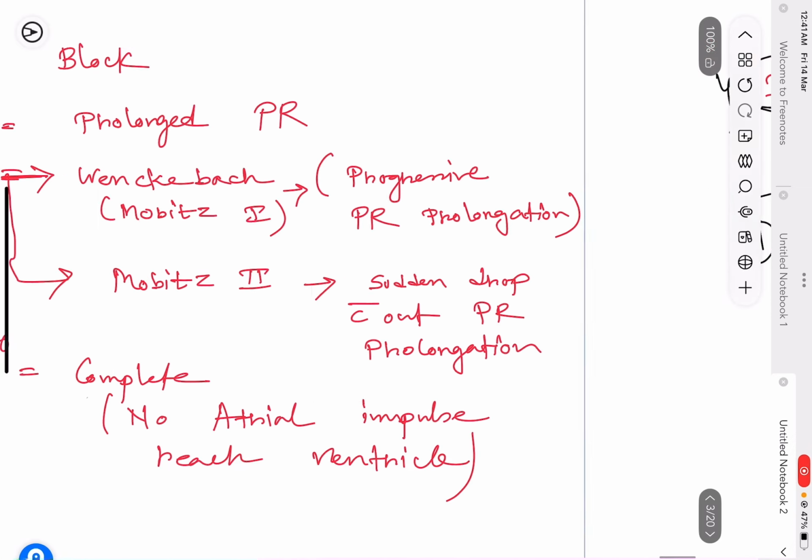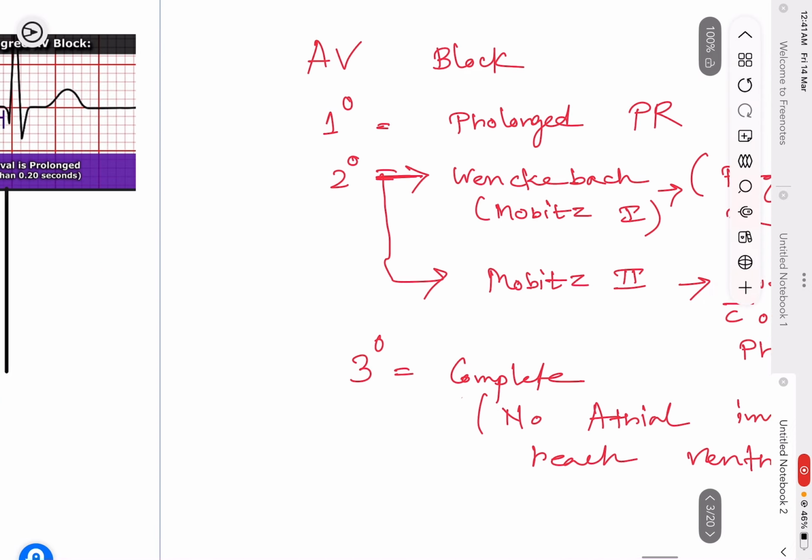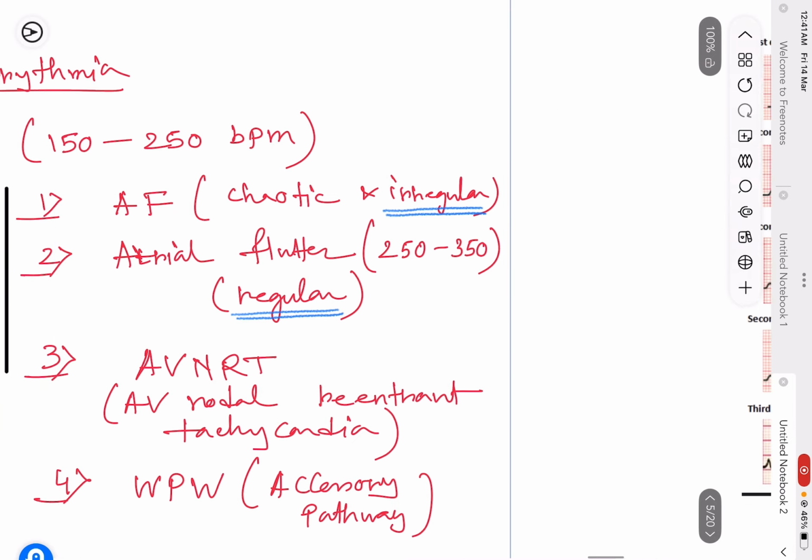So let's start with the AV block. We'll study AV block, tachyarrhythmia and irregular arrhythmia. Just let me tell you about the tachy and irregular arrhythmias.